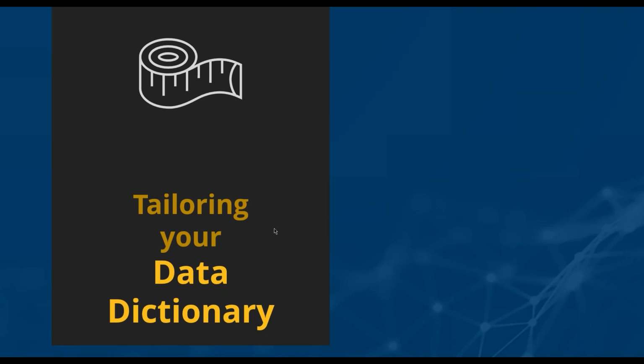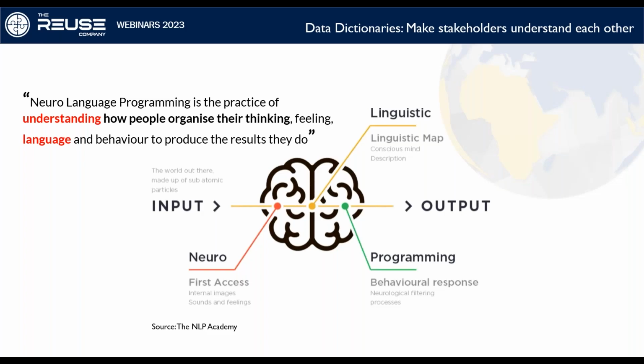So now that we know what is at stake when we define a project data dictionary and what elements we need to start with, let's talk about how we tailor the data dictionary. Of course, if we talk about requirements verification, it's important to have in mind what is the expectation, so what level you'd like to reach in terms of checking the requirements, but also how these requirements are actually written right now.